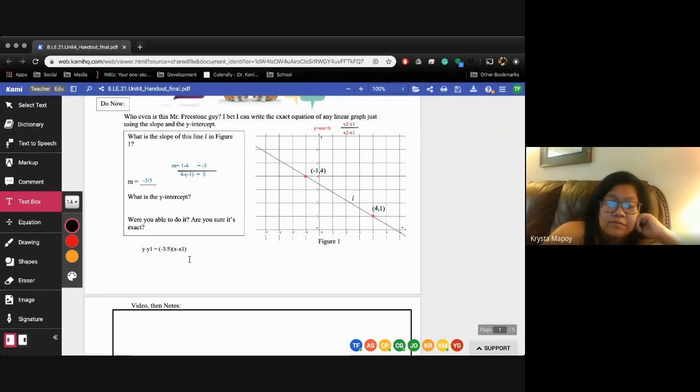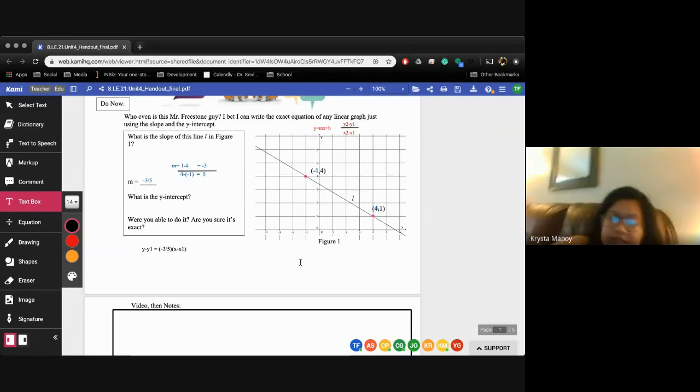So you don't have a b, you don't know the y-intercept yet, right? So that's what we're using the point slope form to try to solve for.